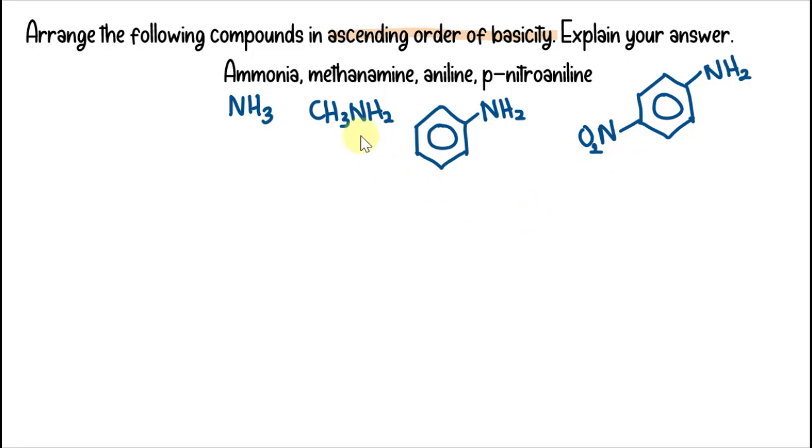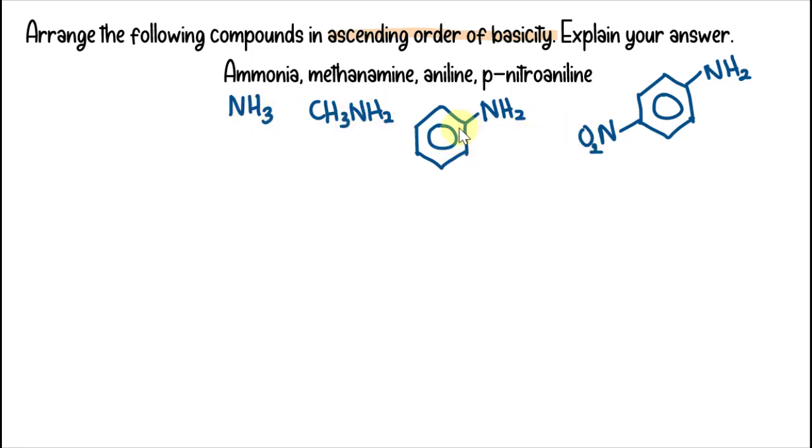Since we want to arrange in ascending order of basicity, the ones with the resonance stabilization effect will have the lowest basicity. So these two will have the lowest basicity compared to ammonia and methanamine.